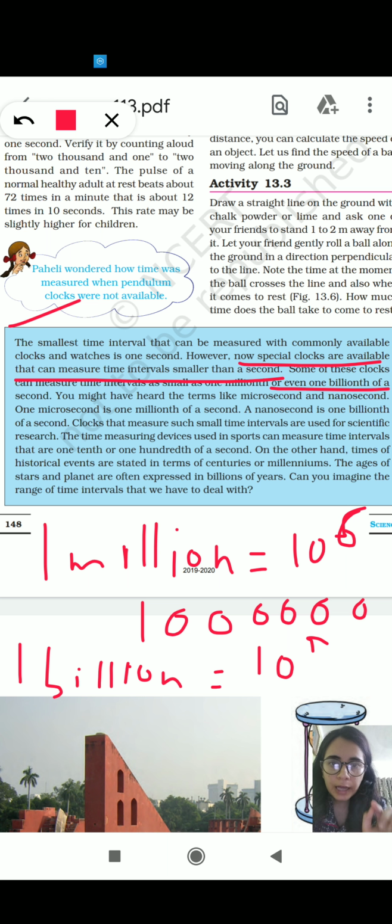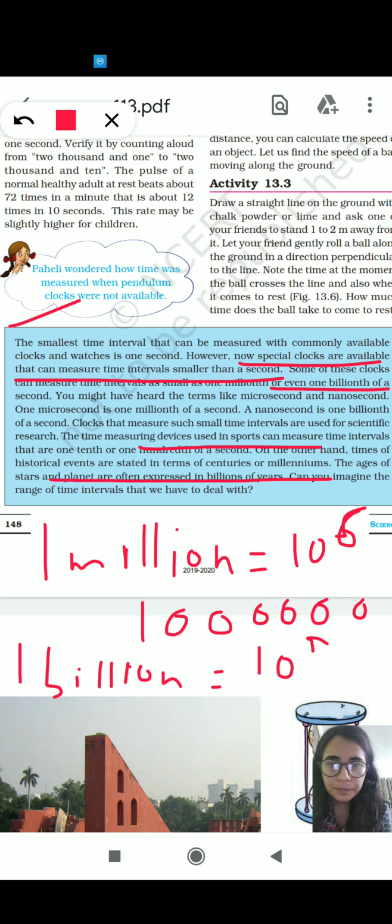For example, nowadays in sports we have to measure time. Suppose there are two people competing with one another, and the time interval is very small. So we use a stopwatch which can measure very small units of time, even 1 billionth of a second.